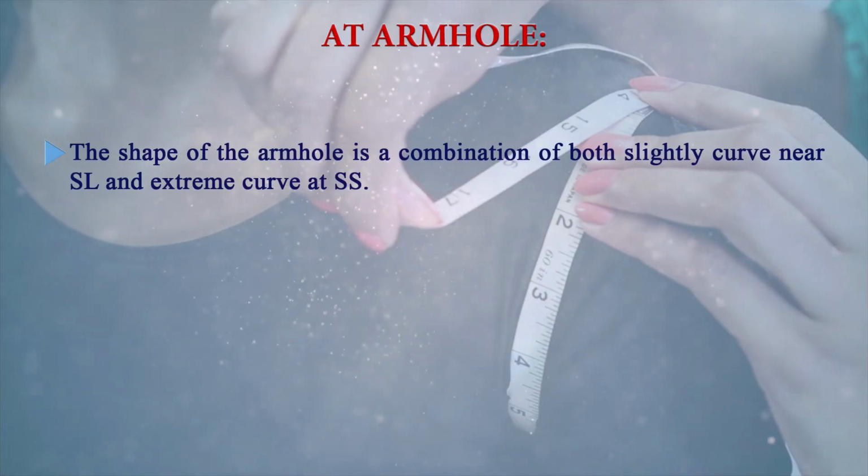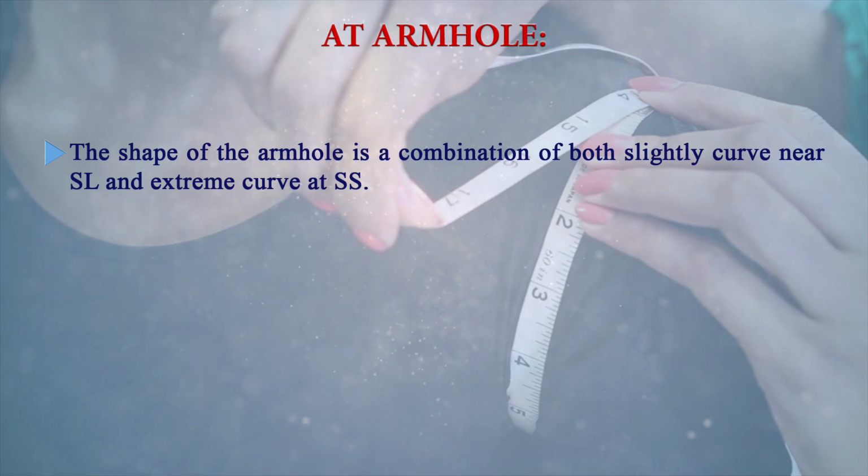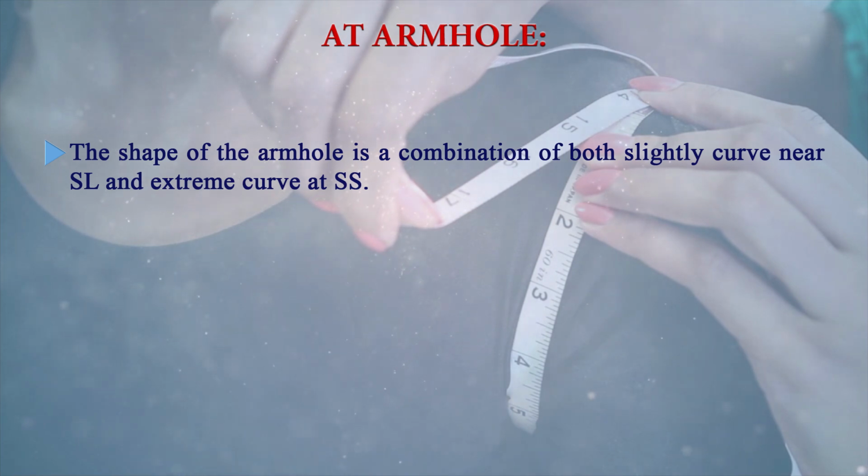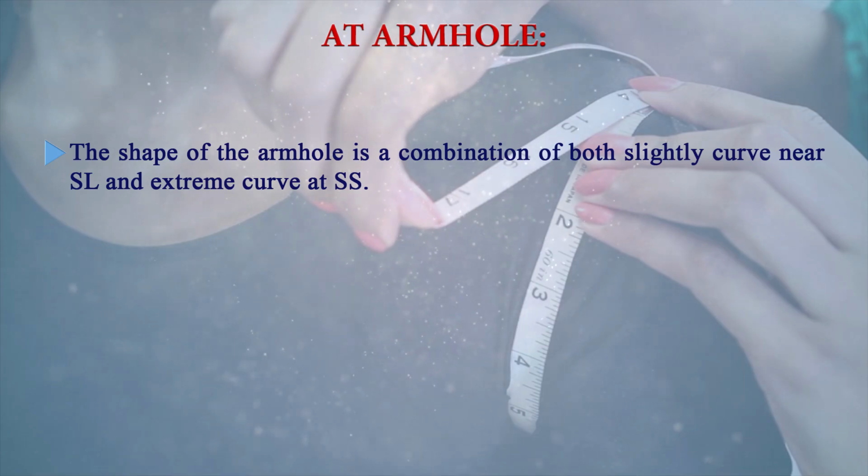Then at the armhole we use the French curve. The shape of the armhole is a combination of both slightly curve and extreme curve. Like at the seam line it is a little bit curve and at the seam side it is extreme curve.